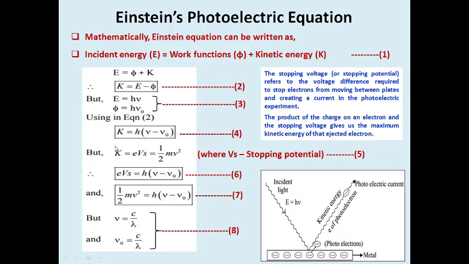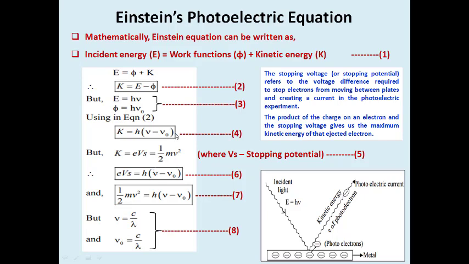So K is the maximum kinetic energy of the electrons emitted by the photoelectric effect, equal to the product of the charge of the electron, which is a constant, and Vs, the stopping potential. Otherwise it can be written as half mv square, because it is a kinetic energy.